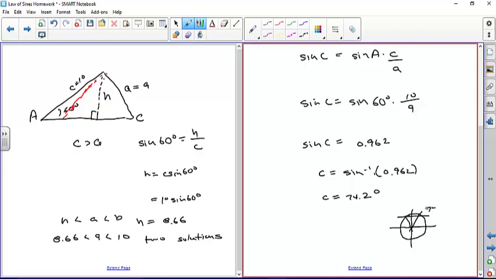So if this is 74.2 degrees and this is 90 degrees, then the difference here is you take 90 minus 74.2, so you get 15.8 degrees, and then you take that number. So another answer is going to be 90 plus 15.8 degrees. 90 plus 15.8 is 105.8 degrees.